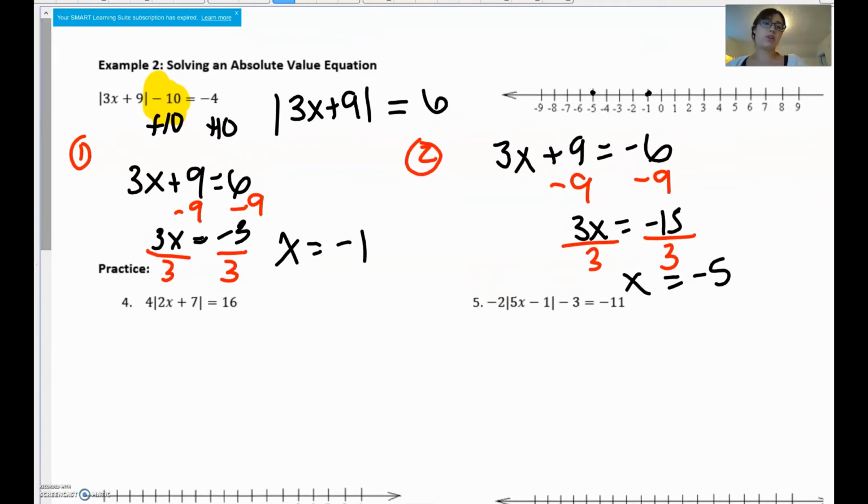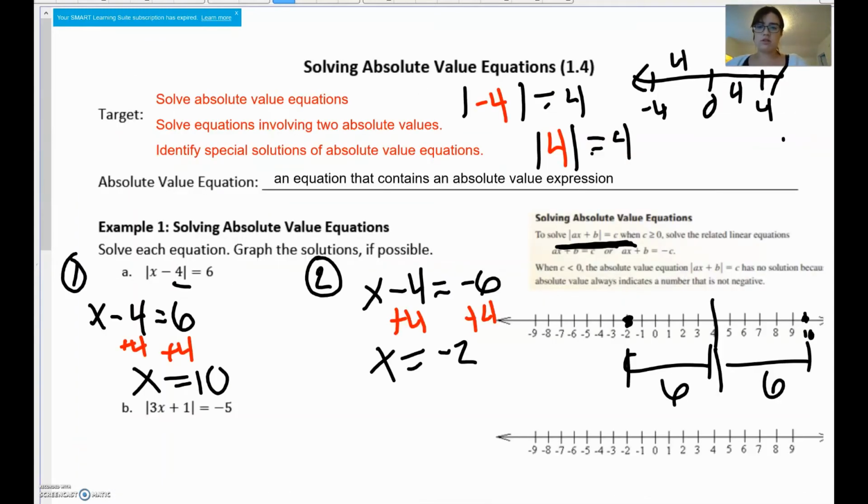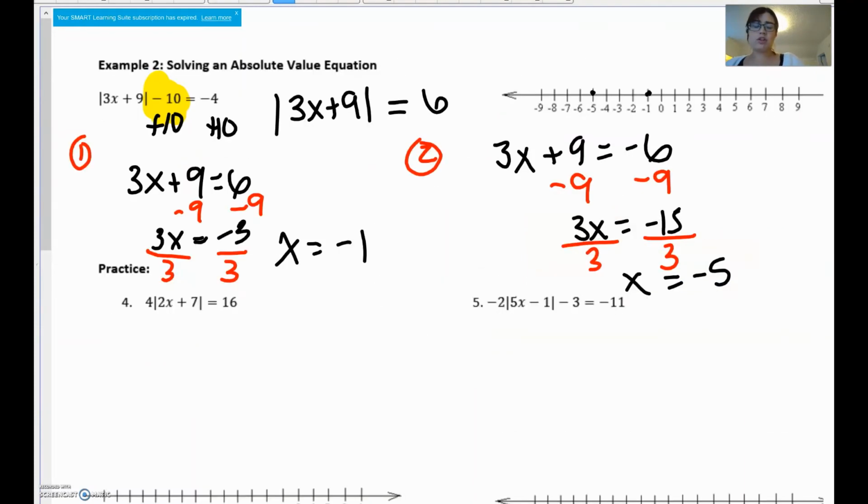Now this time you can notice that unlike the first one, where this 4 was the middle ground, for the example we just did, negative 4 is not the middle ground.